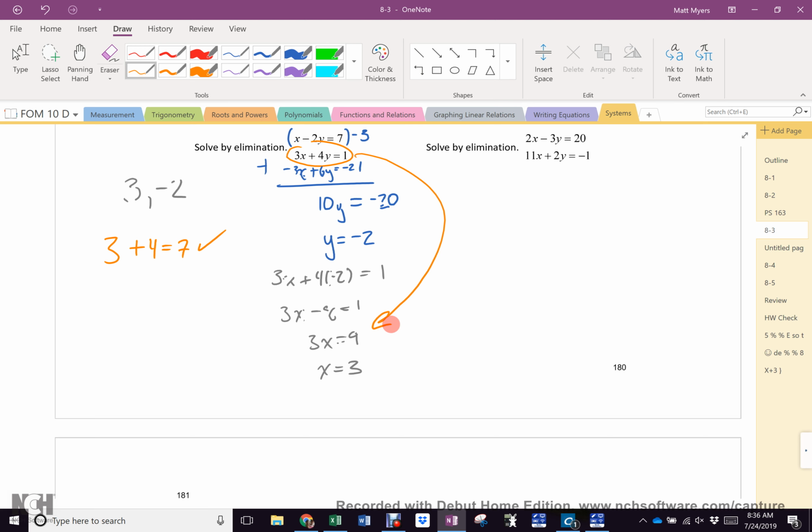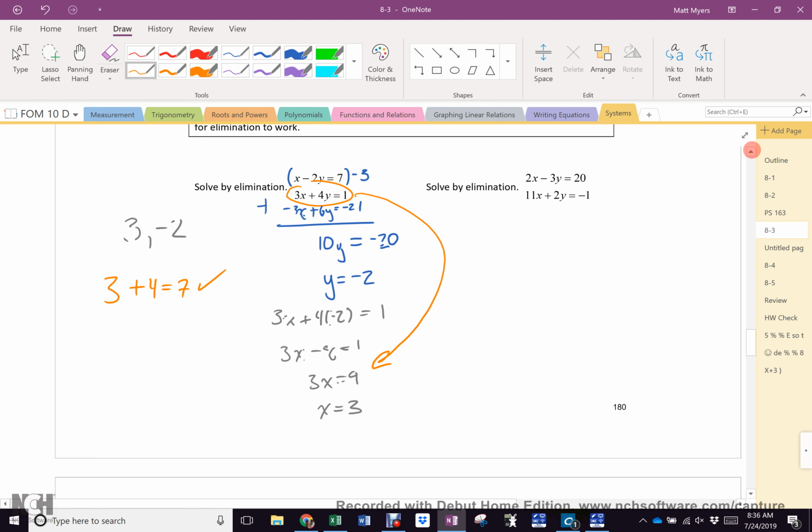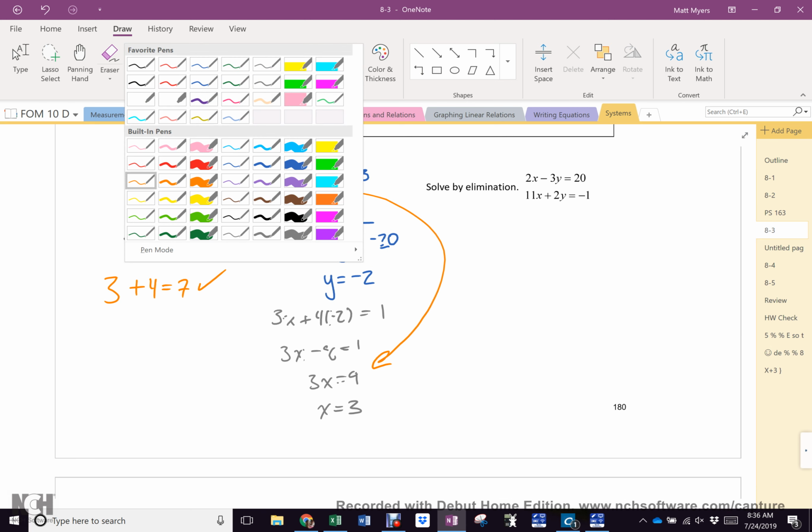If I gave you 1/11 plus 1/2 or 1/3 plus 1/2, which one would you rather work on? 3 and 2, because the common denominator is smaller, right? So I'll ask again, what should I work on here? 11 and 2 or 3 and 2? 3 and 2.